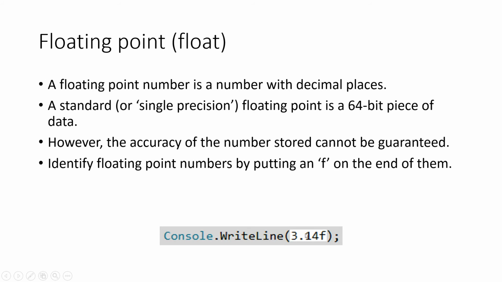Sometimes you will get a fully accurate number. For instance, if you store the number 3.5, because of the way floating point numbers work, that will be stored perfectly. But if you put in the number 3.33127 or something like that, it's very likely that it's going to round that off slightly and you'll get some odd things happening from time to time.